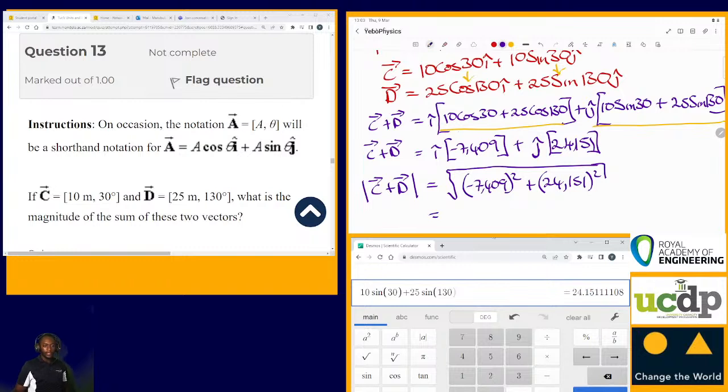We punch this into our calculator with the square root. Negative 7.409 squared.